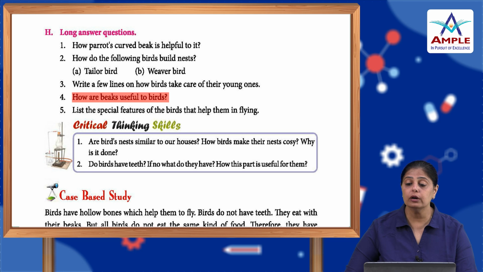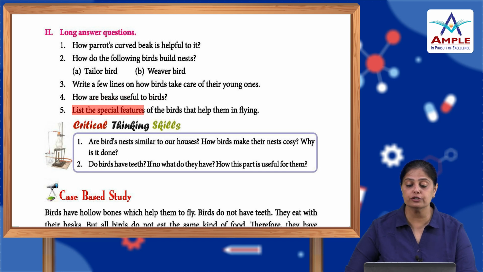So, these different types of beaks help the birds in different manners. They also help them to dig inside the soil to remove the insects from the soil and eat them, alright. So, these are the characteristics of different types of beaks.